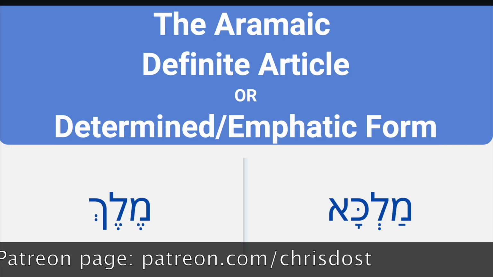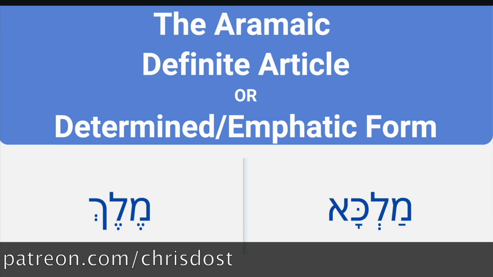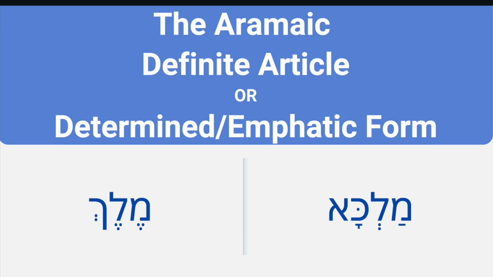But I don't want to get into too much detail on that right now. That's a more advanced concept that we'll deal with in other videos. For now, just understand that the determined or emphatic form of melech is malka, and we're focused more on the ending, not the internal changes.